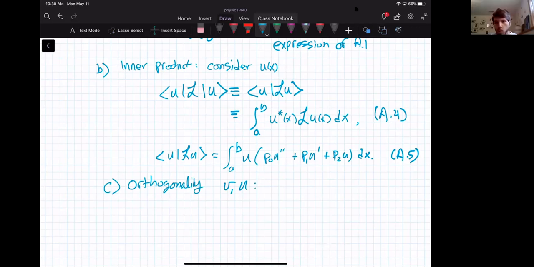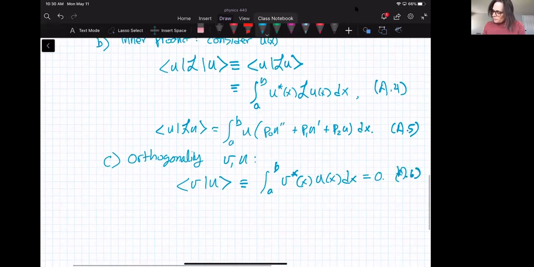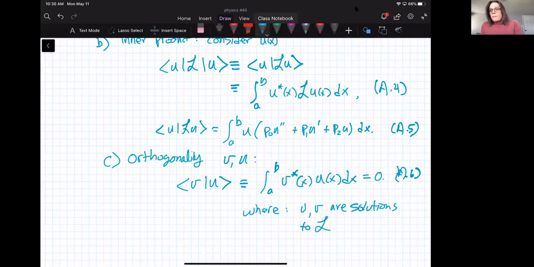Inner product is 0. Right, so we would write v u, right, is defined as the integral from a to b of v star x u of x dx is equal to 0, where, just to remind you what we're doing, u and v are solutions to L. And it shouldn't be surprising that, in general, if they're solutions to L and they're two separate solutions, they'll be linearly independent, they'll be orthogonal, right?